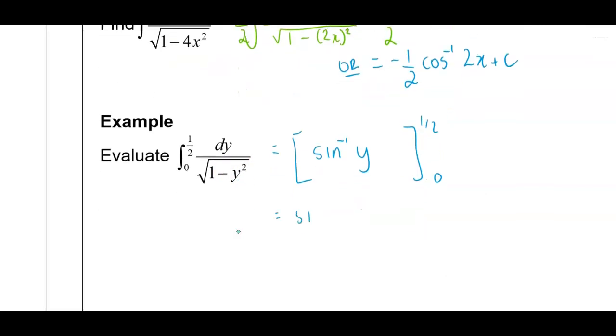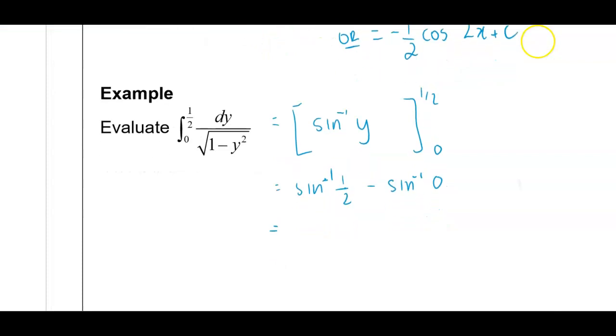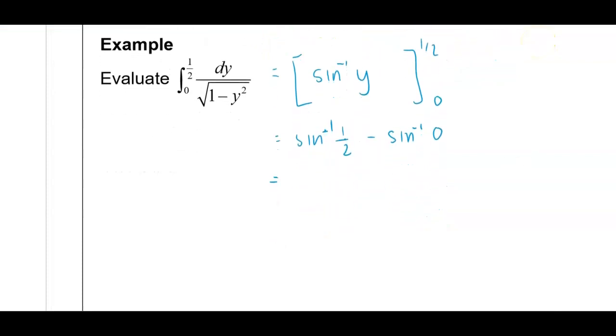Popping our values in, sine inverse of a half, minus sine inverse of 0. Pop that in your calculator, or you probably know what it is by now. So sine inverse of a half, if we're thinking degrees, it's 30 degrees, but I'm going to pop it in radians, which is pi over 6, minus 0, which is pi over 6.